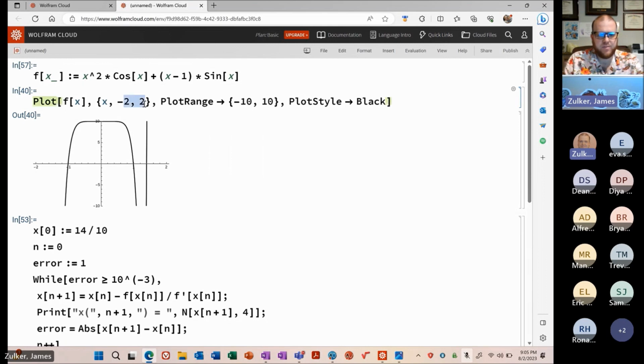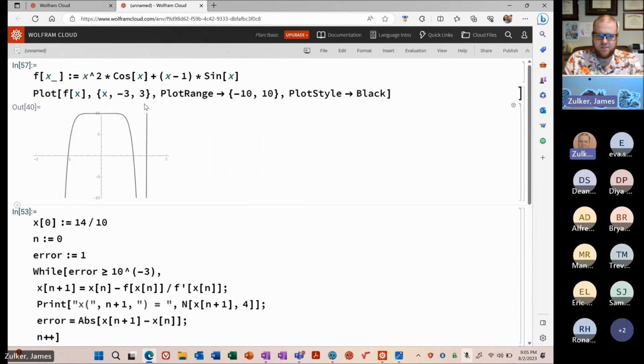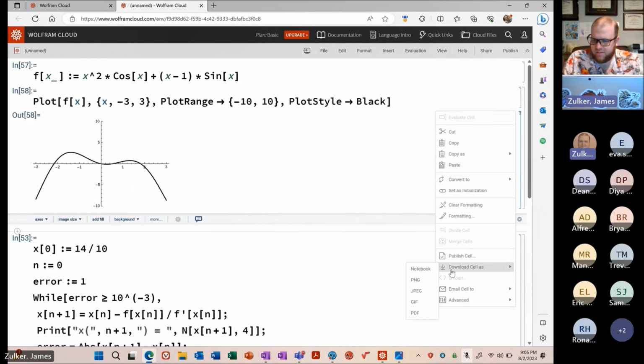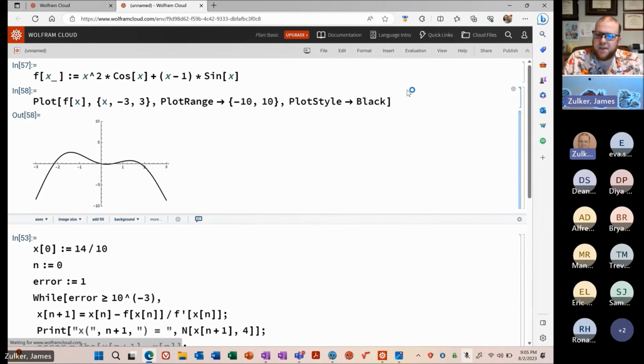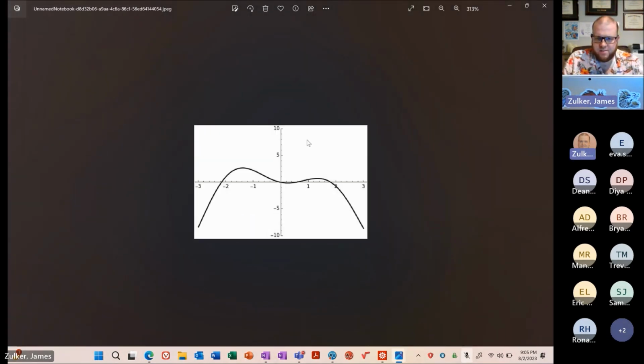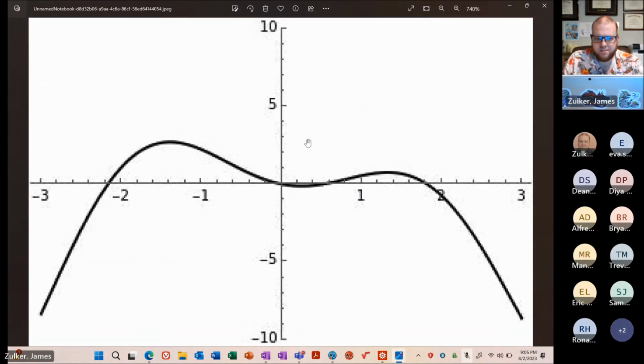They want -3 to 3. So let's flop that. Download this as a JPEG. Zoom in. It looks like we're gonna have 4 roots. All right, you get the general gist. So I'll let you do this one on your own.